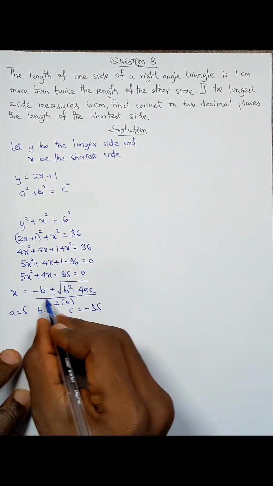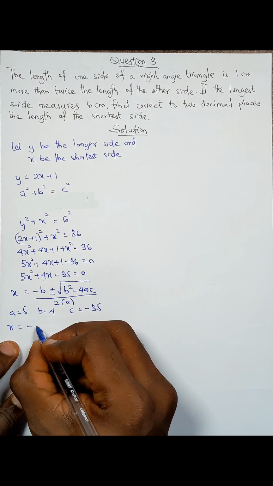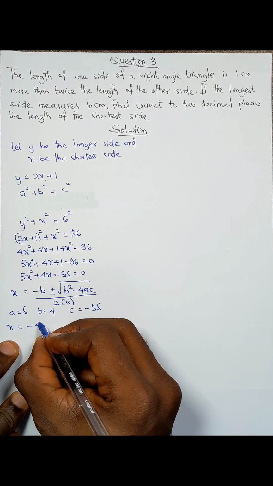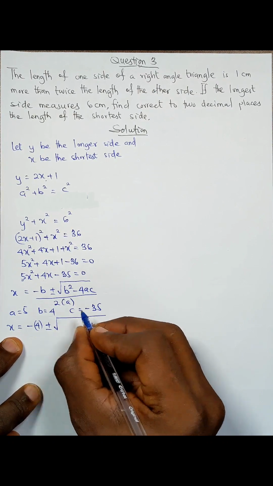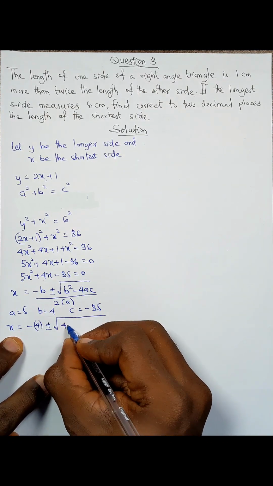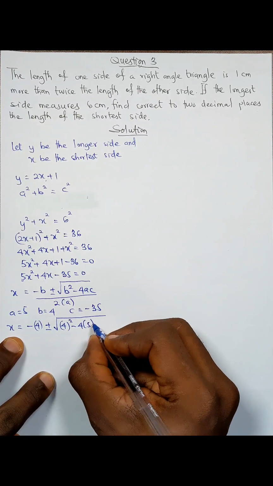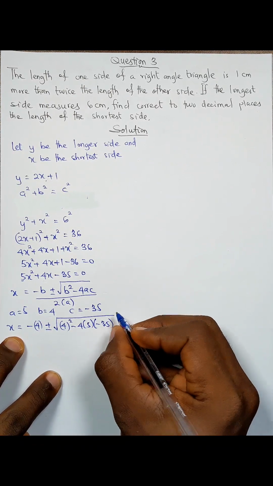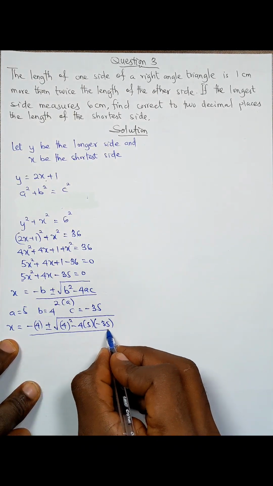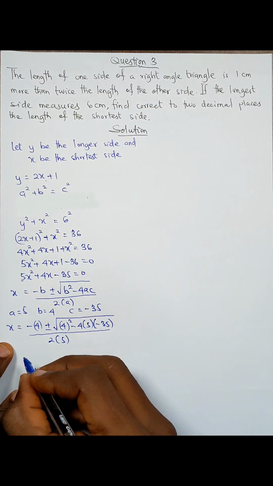Substituting these values into the equation, x becomes equal to minus 4 plus or minus the square root of 4 squared minus 4 multiplying a, which is 5, multiplying c, which is minus 35, all over 2 multiplying a, which is 5, giving us 10 actually.